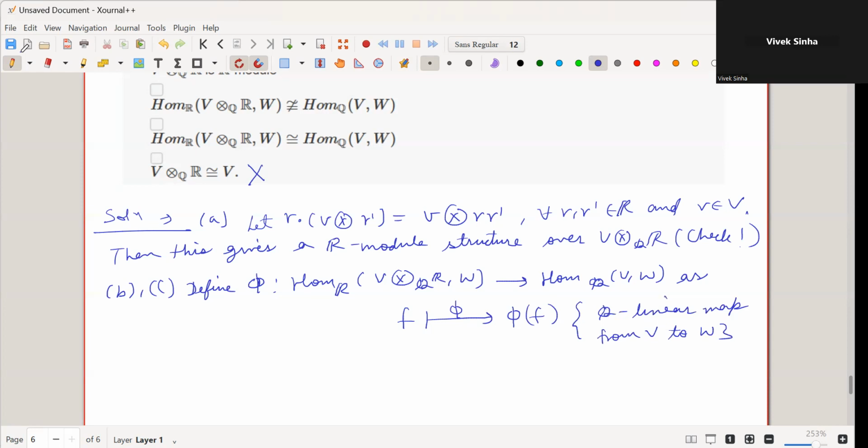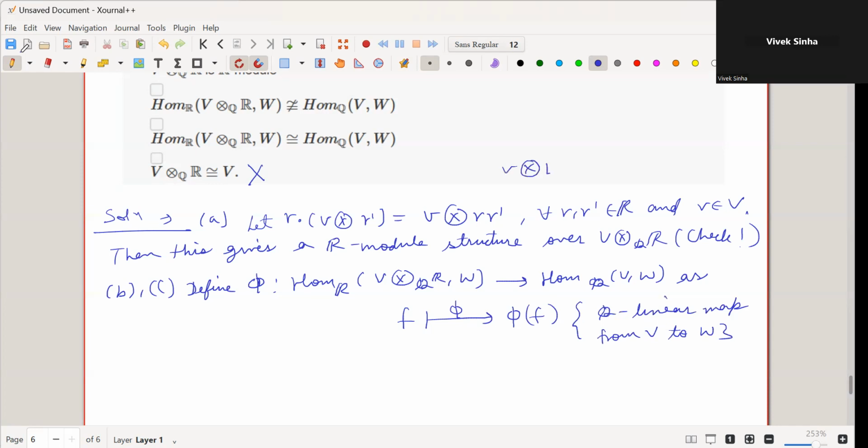Instead of V tensor R, we are taking V to W. V is already sitting here because each element of V is sitting here as small v tensor 1, right?